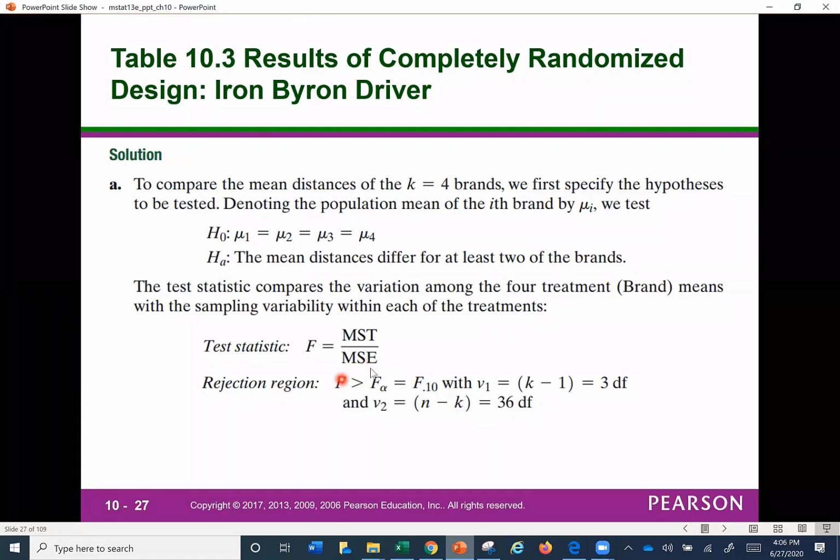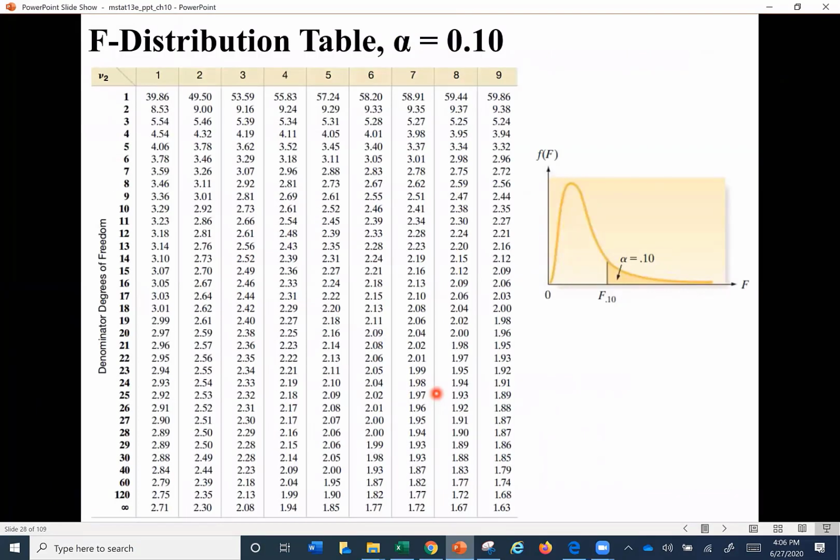We need to find this value, F sub alpha, with these degrees of freedom, for which we have in this table 10%. We have a different table for each F distribution. That is the table that gives me this critical value when this tail is 10%. In this table, we have all of these possibilities for the F distribution.